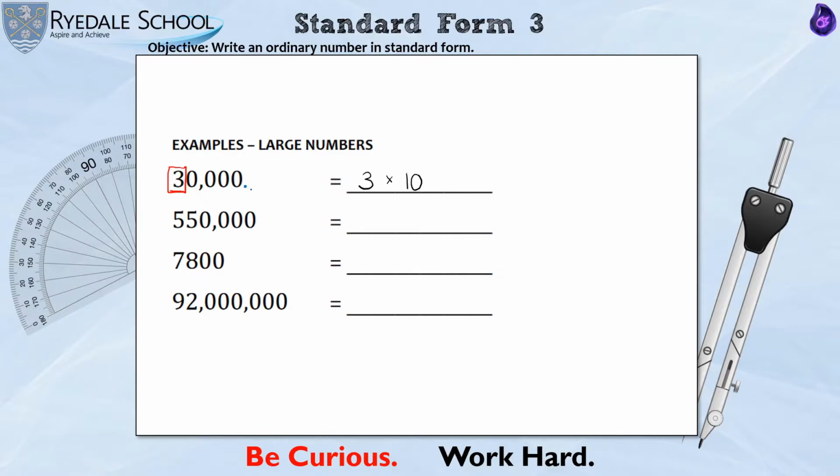What I like to do is use the idea of place value and the number of jumps that a decimal point would make. So that's 1, 2, 3, 4 jumps for it to become the number 3. So I know that this is 3 times 10 to the power of 4. Okay? You could also think of it as 3 moving 4 place values. That's perfectly fine. But I've always liked to use the decimal point myself.